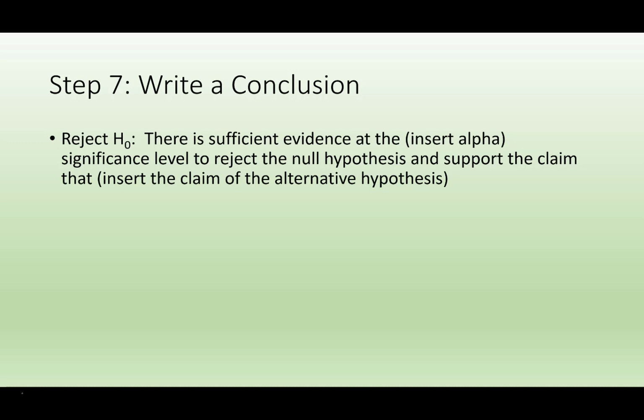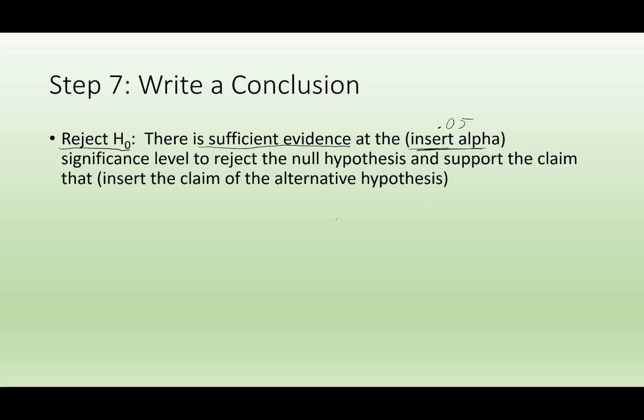So if we are allowed to reject the null hypothesis, typically we would say that there is sufficient evidence at the, and then you would put in whatever your alpha level was. Like if we did the 0.05, there's sufficient evidence at the 0.05 significance level to reject the null hypothesis and support the claim, and then we would insert whatever our claim is.